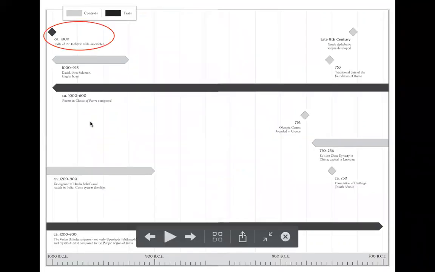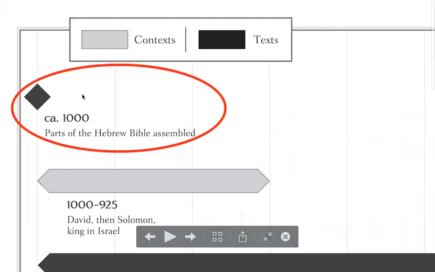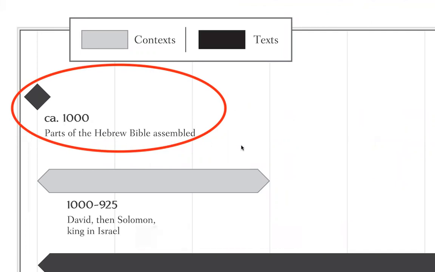So the last in this chronology that's important to us is that around circa 1000 BCE, parts of the Old Testament or Hebrew Bible begin to be put together or assembled. So the story that appears, and we're only reading one portion, tablet 11, in the Epic of Gilgamesh is much, much older than the Old Testament itself.